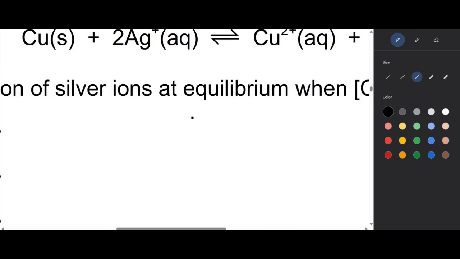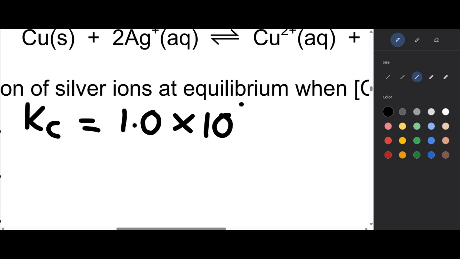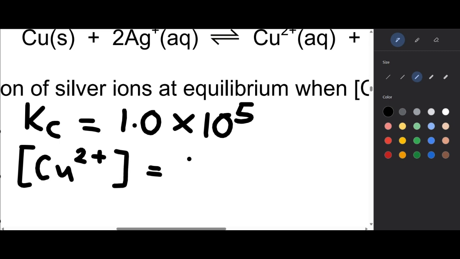Okay, so we know that Kc is equal to 1.0 times 10 to the power of 5, and it is given that Cu2+ is equal to 0.10.